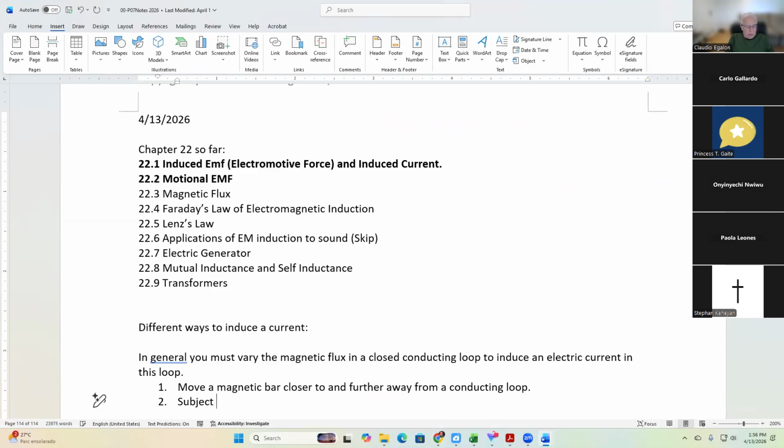Another way: subject a conducting loop to a magnetic field and pluck one of the arms of the conducting loop.